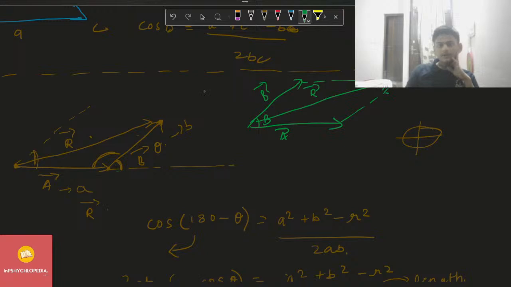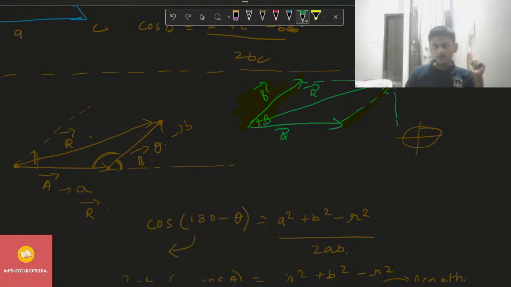You have just shifted the r vector from here to here, so this is just the shifting of vectors. Just imagine this vector to be here and you will understand why this is the r vector. So the resultant will be given by that of the parallelogram.